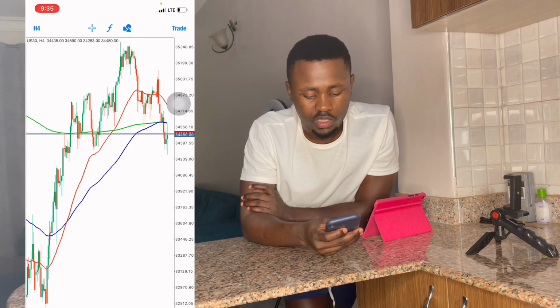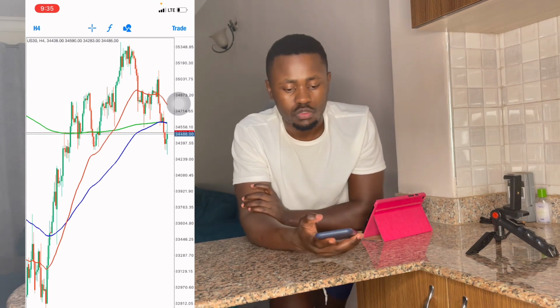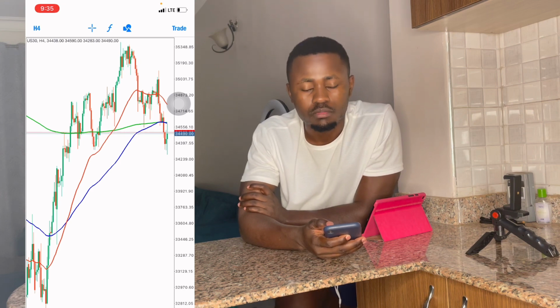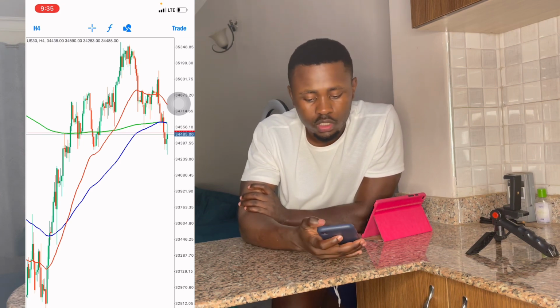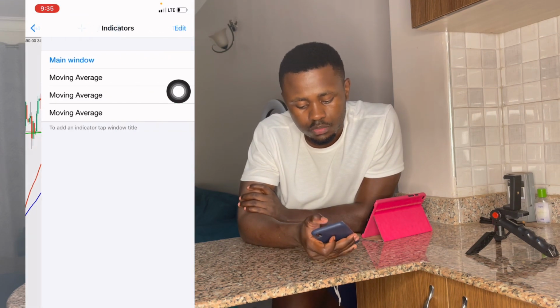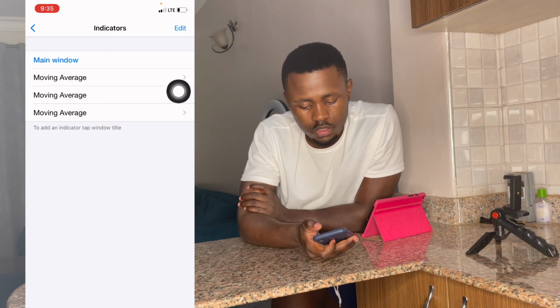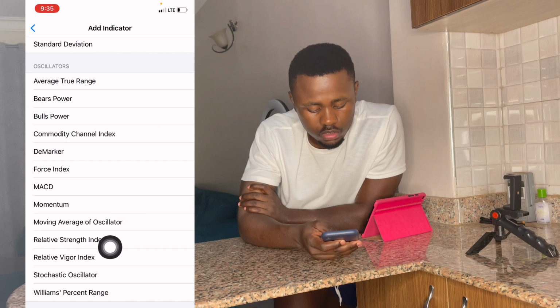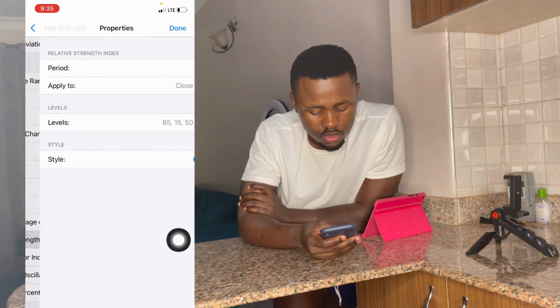What I like to add is the RSI, so that I'm able to identify the direction of the market well, and also see momentum from either the buyers or the sellers. So what you want to do is come here, press this F right here, then come to the main window, then scroll down and you'll see RSI here.